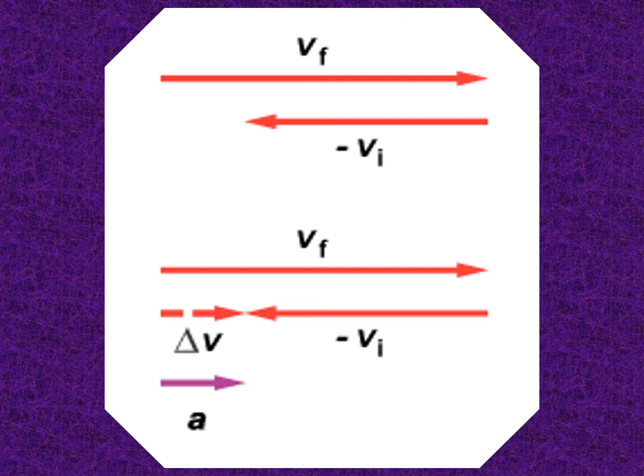If the final velocity vector is longer, the VF is longer, then acceleration will be to the right in the same direction as the VF. If VI is actually longer, well then your acceleration will be in the opposite direction of VF, to the left.